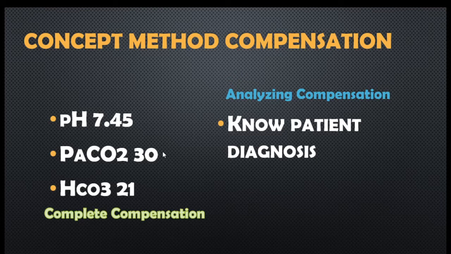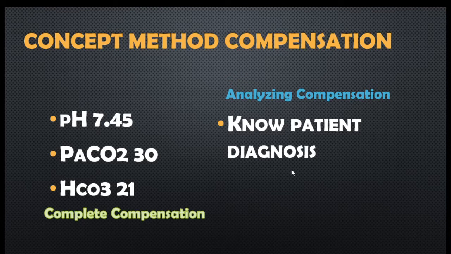So the decrease of PaCO2 in the case of your patient with ketoacidosis is the compensation, meaning the respiratory system compensates by decreasing the carbon dioxide in order to bring the pH level into the normal level.